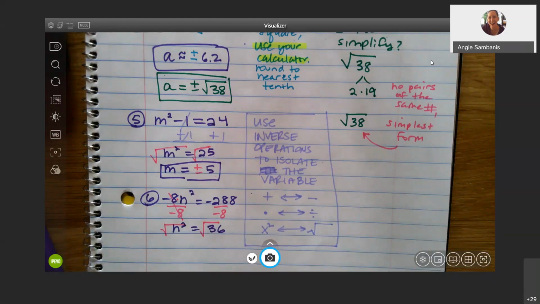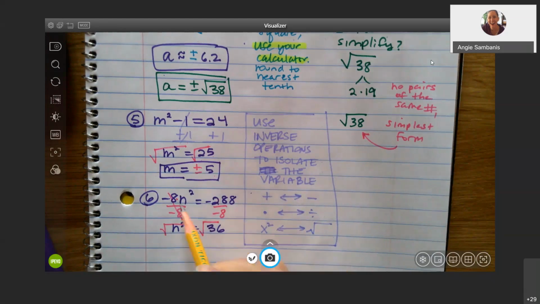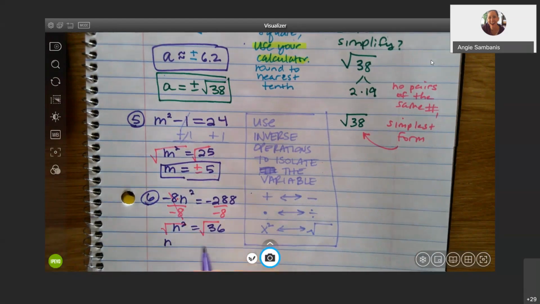Good, Arclid. Correct. Don't forget, we have 2 possible answers. Oh, Isabella, what did you do? You added. We're dividing. This is division. Multiplication, inverse multiplication, division. Yes, Nurhan, correct. My answer should be 6, and not just 6, positive and negative.